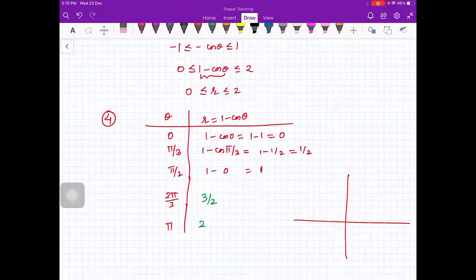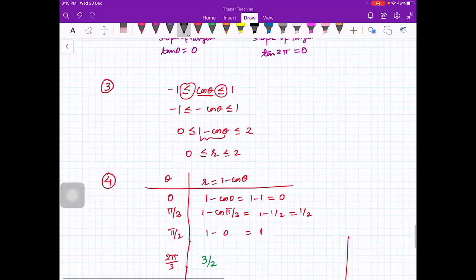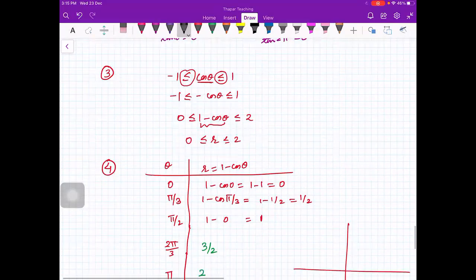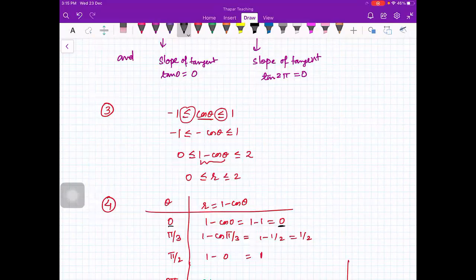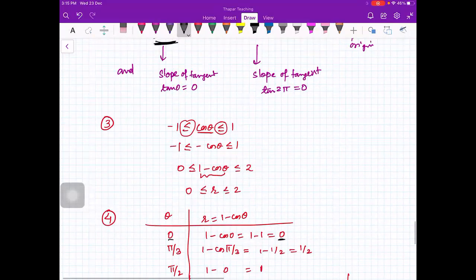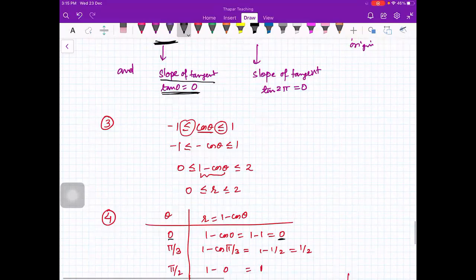Now let us plot. You will start with theta equal to 0. At theta equal to 0, what is the value of R? 0, right? And also, you know that at theta equal to 0, the slope of the tangent to the curve is 0. It means that at theta equal to 0, your curve will be something like this.